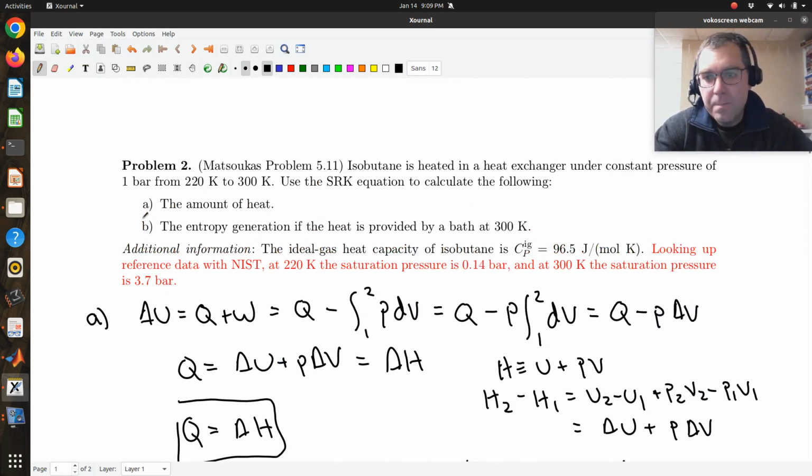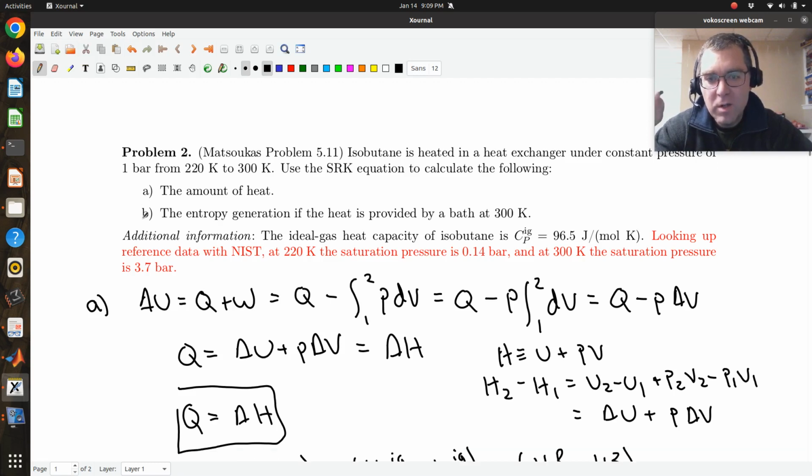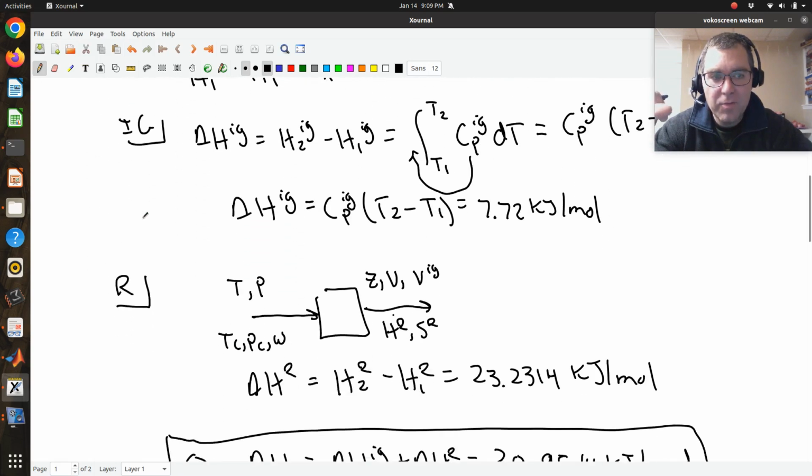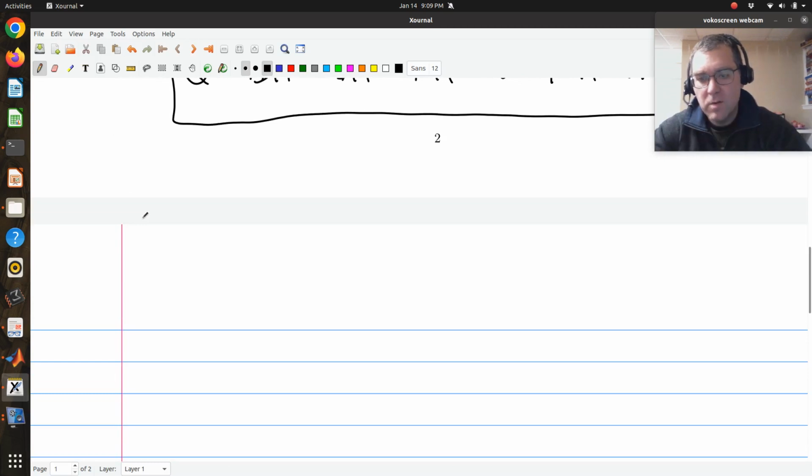Now in the second part, we're asked to calculate the entropy generation if the heat's provided by a bath at 300 Kelvin. All right, so what are we going to do here?